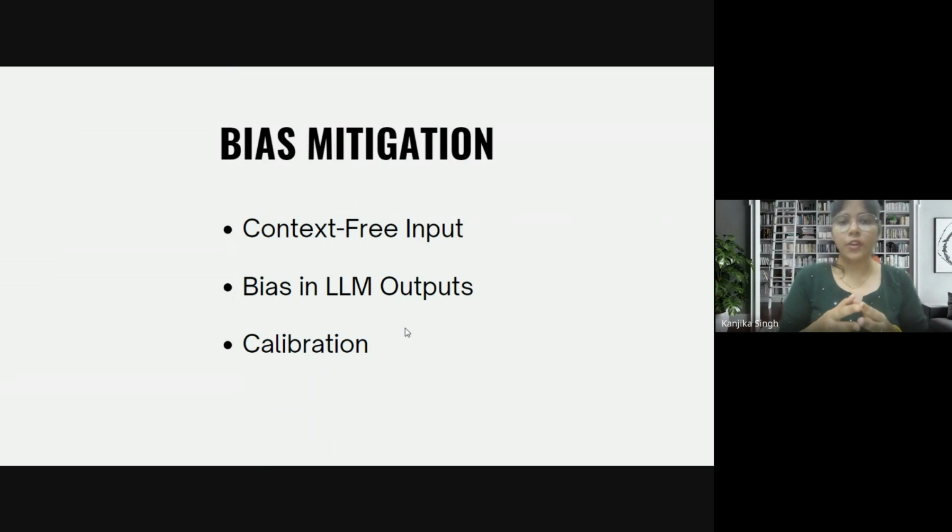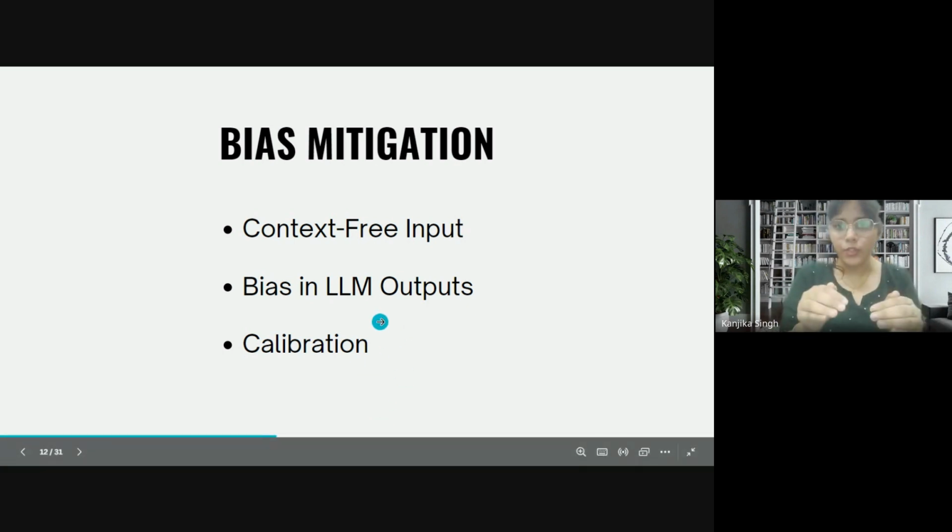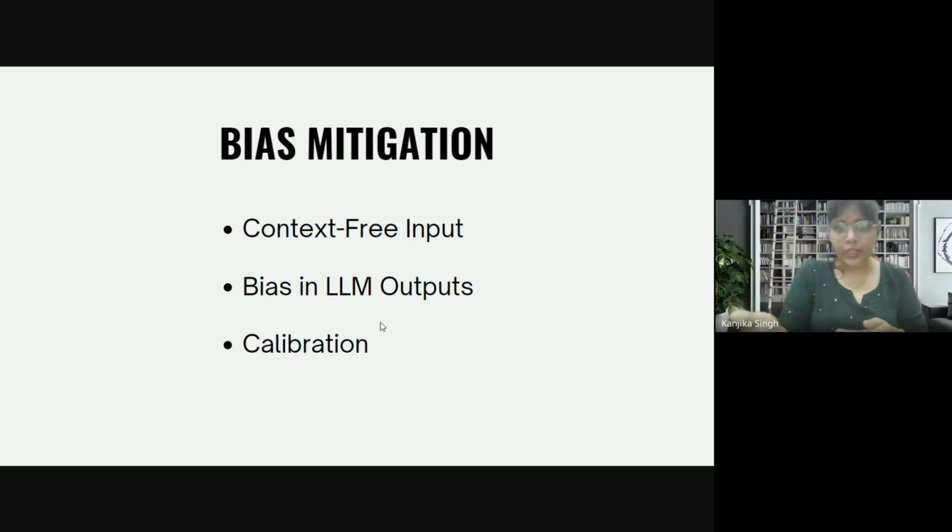So we have a context-free input example. A context-free input is one that does not have any context, which is kind of neutral, where the sentiment is neither positive nor negative. If we have love, that is a positive sentiment; hate is a negative sentiment. So there happen to be biases in the LLM inputs, in the data it has been trained on, and because of that, obviously the outputs can also be biased.